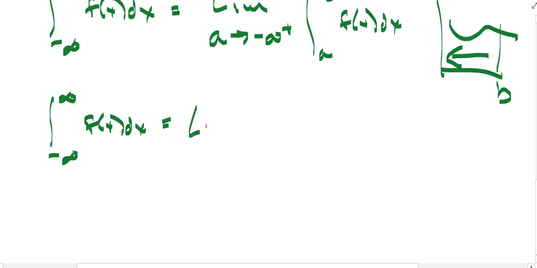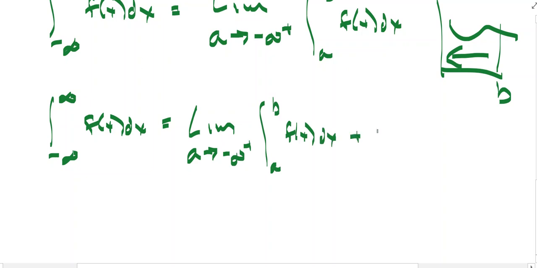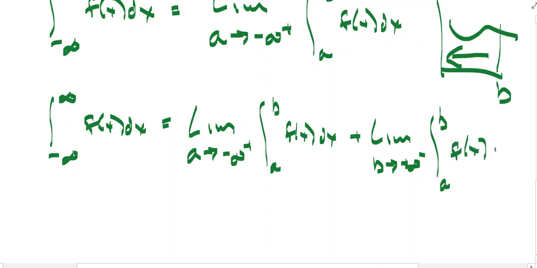First of all, we'll have the limit as the lower bound a approaches negative infinity from the right of the integral from a to c of f of x dx, plus then the limit as the upper bound approaches positive infinity from the left of the integral from a to b of f of x dx. As you're going to see, it's going to be very, very important to use proper notation when you're working with improper integrals. It's the use of the notation that really demonstrates that you understand the concepts that are going on as you're working through these problems.